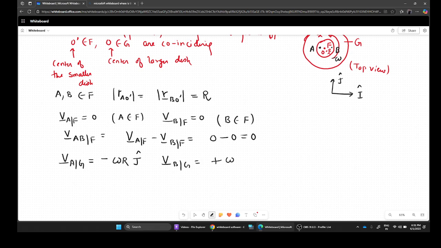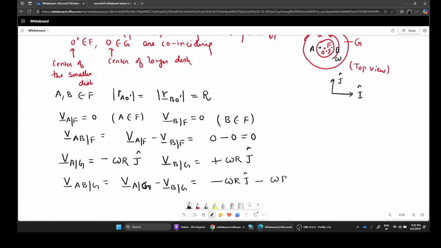VBG will be plus omega R times J. Now if you try to find the velocity of A relative to B with respect to G, this is going to be minus omega R J minus omega R J. That turns out to be minus 2 times omega R J, which is clearly not 0.